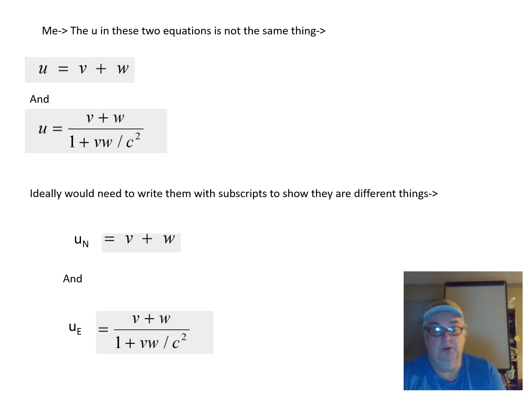You should not really be mixing these two equations. The u subscript N does not equal u subscript E, and that's how the mainstream have messed up their understanding of Einstein's relativity while dealing with relative speed.